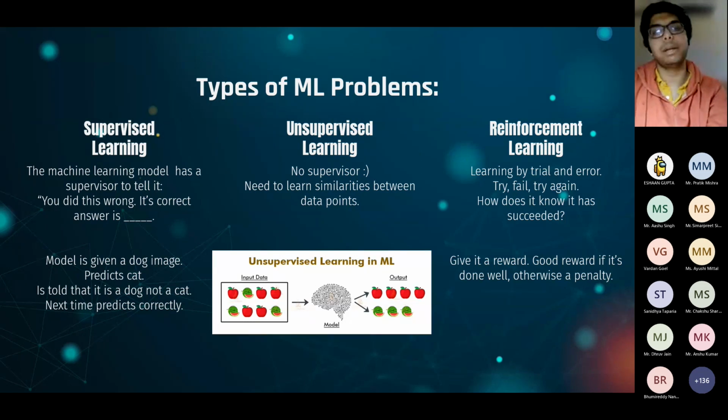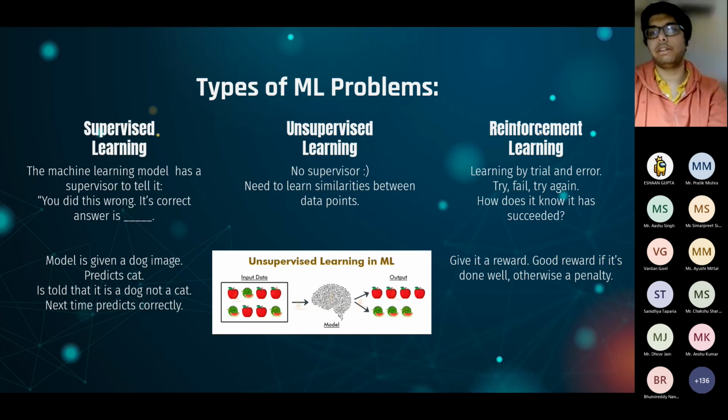That kind of thing can be very expensive, and it can take a lot of time. To avoid that, you can use unsupervised learning to segregate everything into different groups, and then we can just assign, okay, this entire group is apple, this entire group is watermelon, this entire group is something else. This is called unsupervised learning, and basically they learn similarities between data points.